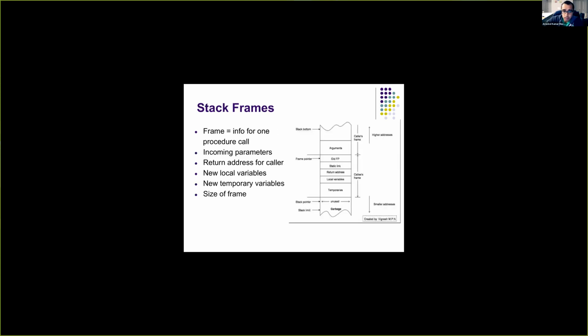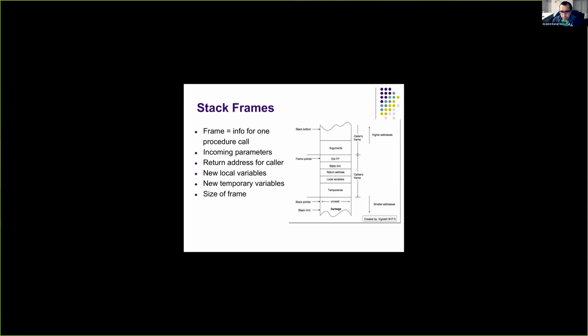The way function calls are handled is by using what we call stack frames. These are also called activation records. Each frame is a region of memory which has the local variables needed for that function. It also contains parameters that are passed to that function, and the return address, basically the place where the function should return after executing all the code inside that function.